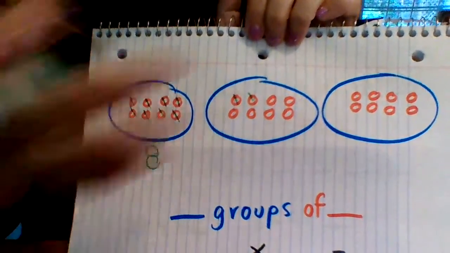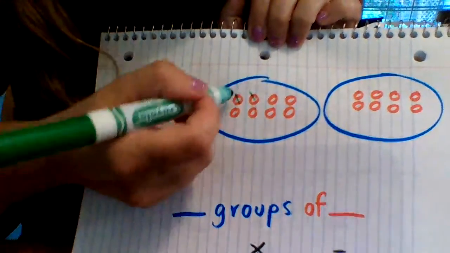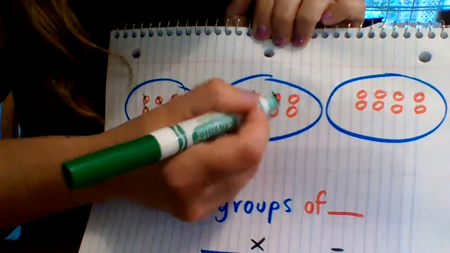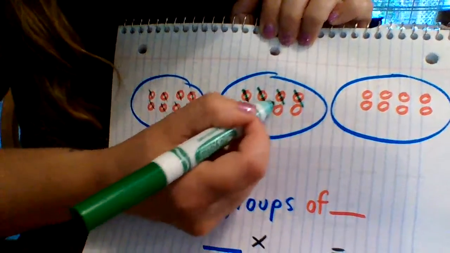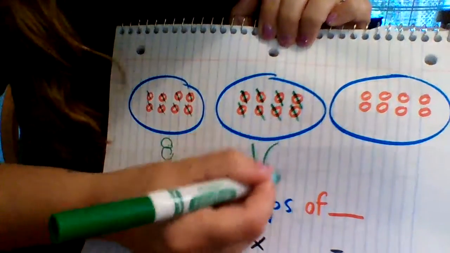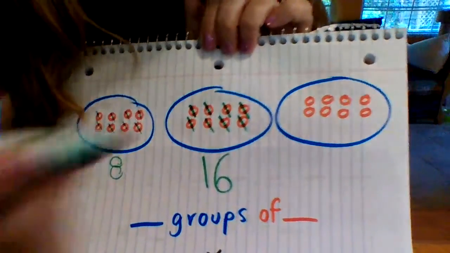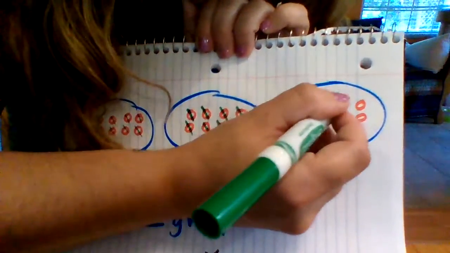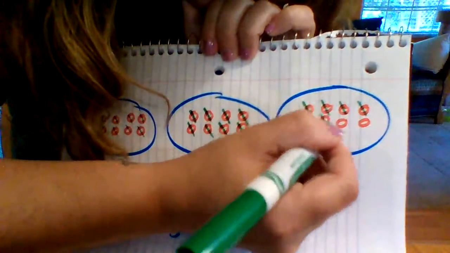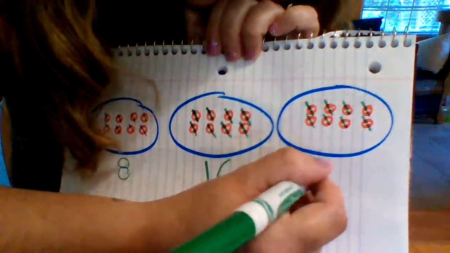So if this was 8, okay, we'll start counting this one again then. 8, 9, 10, 11, 12, 13, 14, 15, 16. 16, okay. 17, 18, 19, 20, 21, 22, 23, 24.